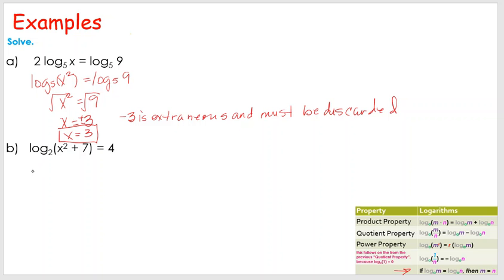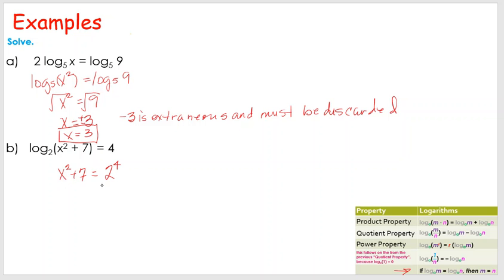So, I'm going to rewrite this logarithm as an exponential form. So that means I'm going to bring down x squared plus 7 equals, remember my base is 2, equals 4. That makes 4 my exponent.